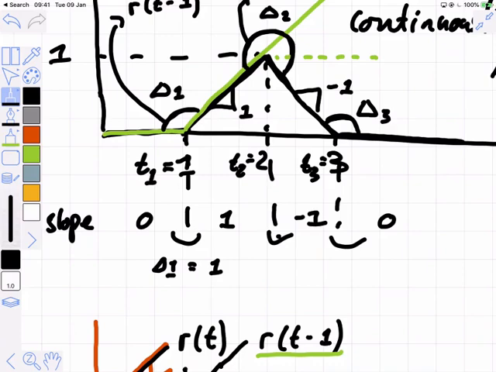So to get from 1 to minus 1, I have to do delta 2 is minus 2. And then I can't forget that I still have to get back to 0 again. Because at that point, if we've just got those 2, we're going down now forever at a rate of minus 1. And so we've got to get back, and here delta 3 is 1 again, because I want to go from minus 1 to 0.